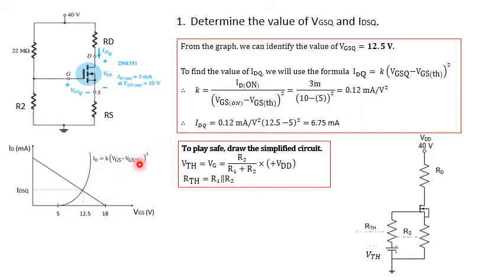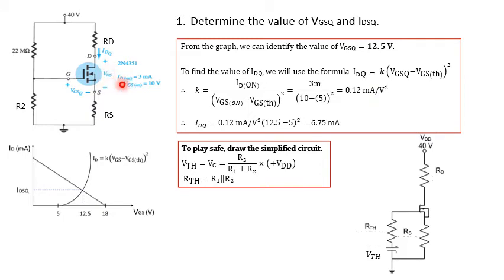So from the value, you can manipulate the equation so that you can get the IDQ. At first, you have to find the value of the K. Otherwise, we cannot solve the IDQ. So, using ID on and VGS on, you can get the value of the K.